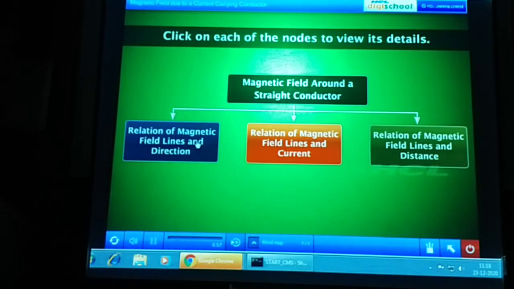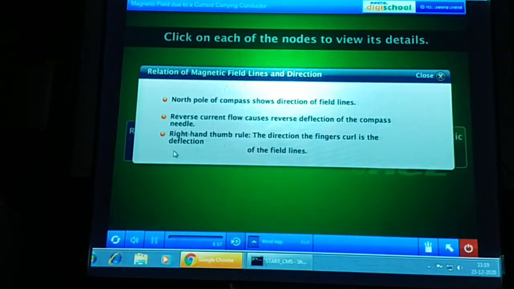स्ट्रेट कंडक्टर में मैग्नेटिक फील्ड लाइंस कैसे होंगे? Related to magnetic field lines and direction: north pole of compass shows direction, and reverse current flow causes reverse deflections of the compass needle.